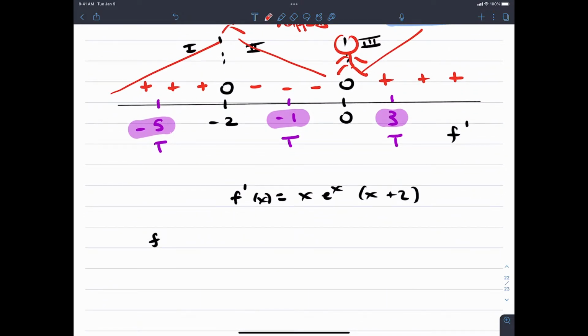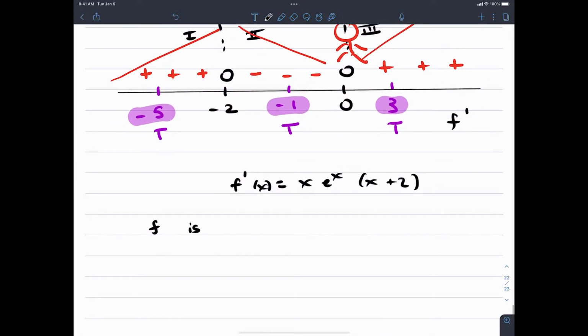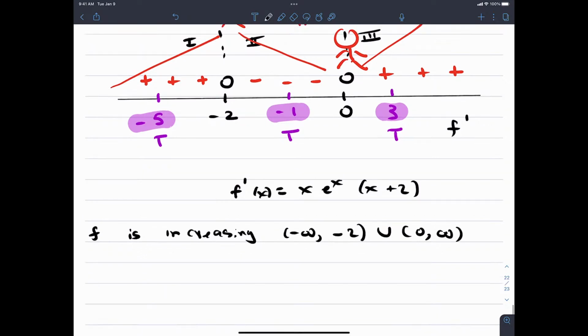Okay, let's do some conclusions here, because you have a lot of information. This picture is worth 1,000 words. We can say f, your function, is increasing on what intervals? Negative infinity up to -2. Okay, region 1. This is how we describe region 1. But also union 0 to infinity.